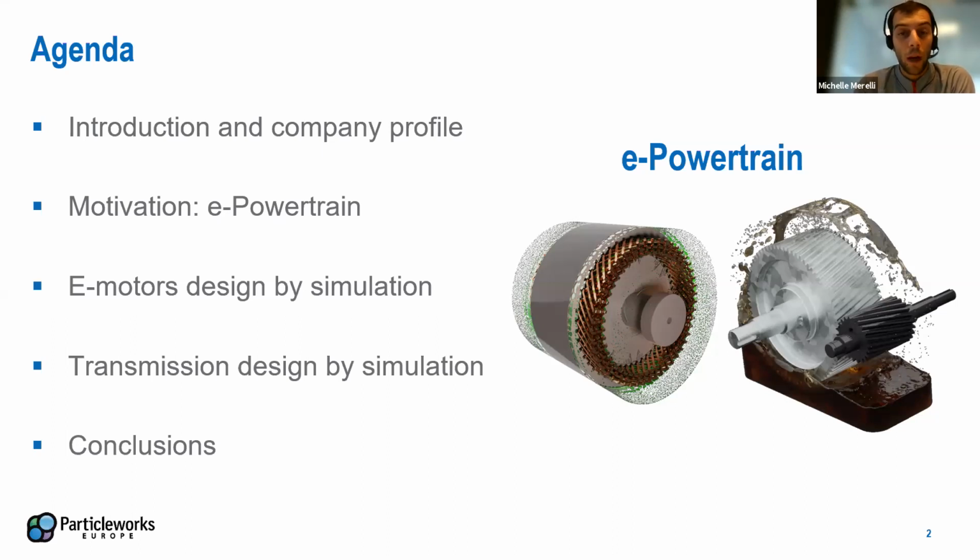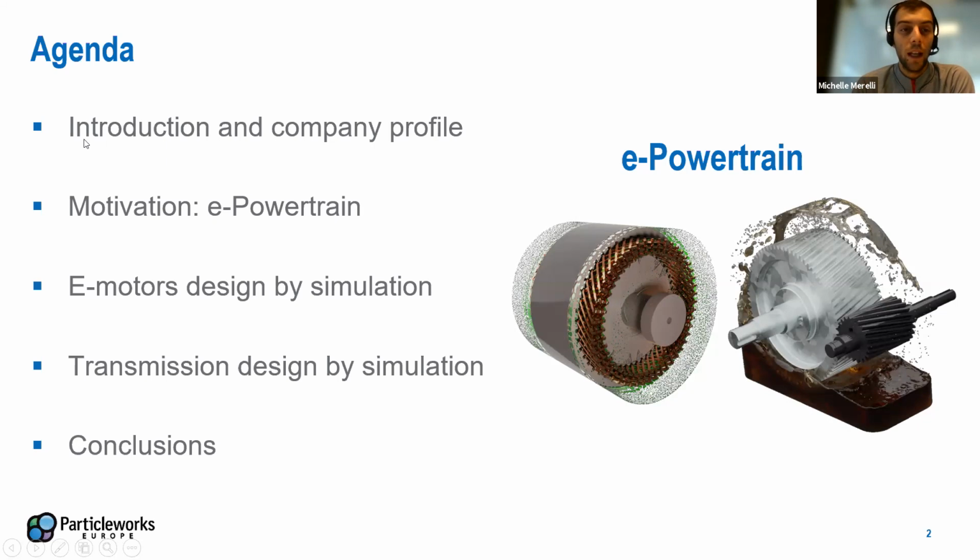I will basically cover all the steps of simulating an e-powertrain. More and more we are seeing the combination of an e-motor with the transmission gearbox coupled together. The software can handle this coupling very well because it is suitable for both simulations: the cooling effect in the e-motor and the lubrication in the gearbox.